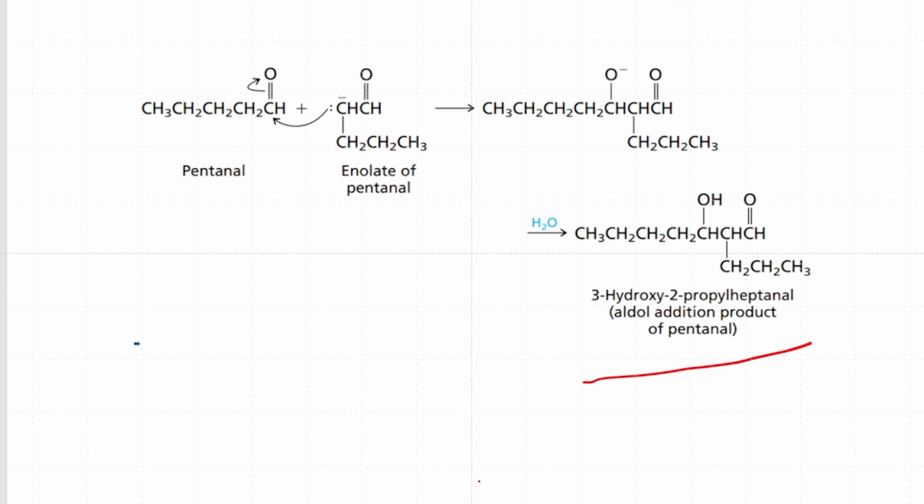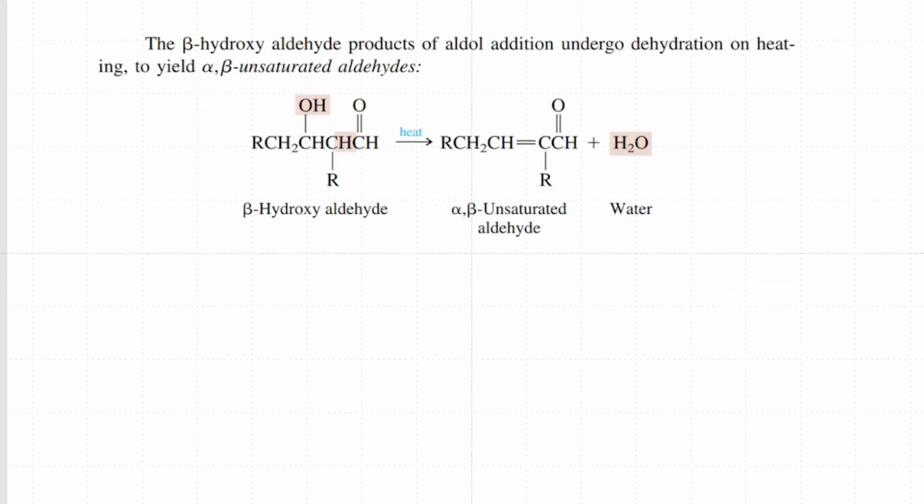But the story doesn't end here. What invariably ends up happening is that these beta-hydroxy aldehydes have a tendency to lose water and produce an olefin. What is fairly well known, and we have discussed this previously as well, is that there is a dehydration reaction which can give you an alpha beta unsaturated aldehyde.